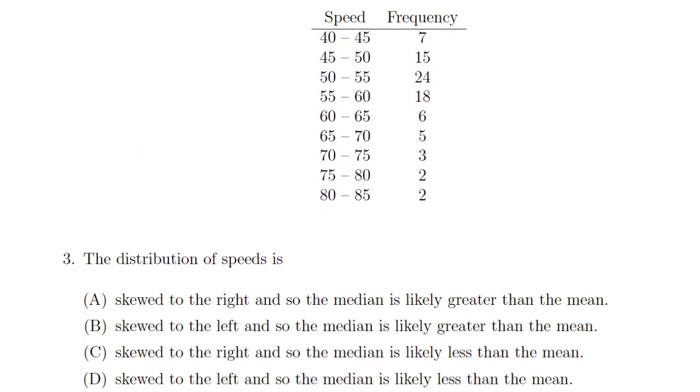Okay, so this is 7. And for the next one, it's 7 plus 15. So I'm going to do the cumulative, adding up how many observations. This would be 22, right, up to there. And then it would be 44. So this is adding up as I go.